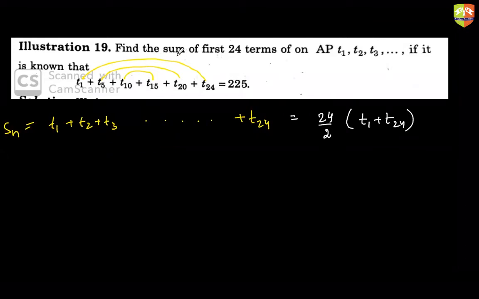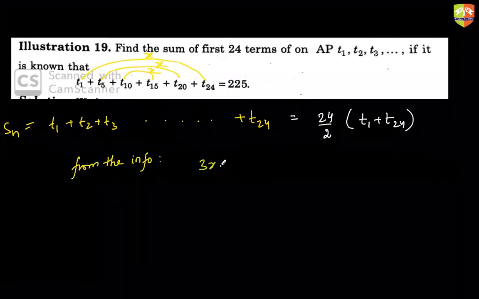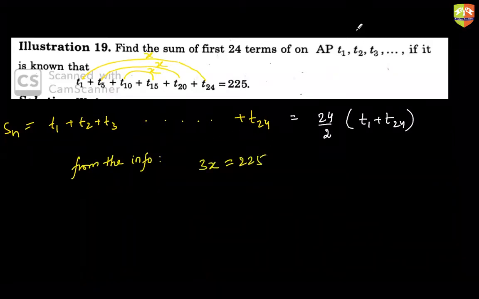So all of them must have equal sum. Let's say I call the sum as X, correct? So this will be also X, this will be also X, this will be also X, right? So indirectly from the given information, we can say that 3X is given to us as 225.